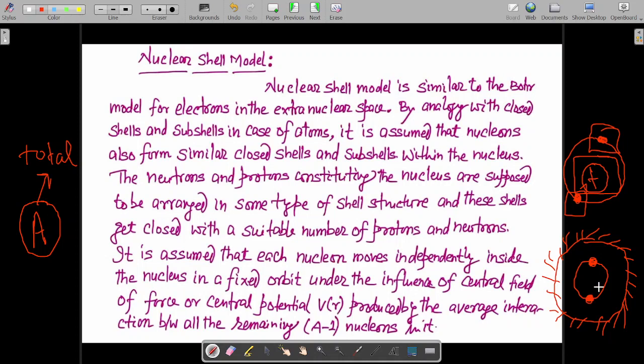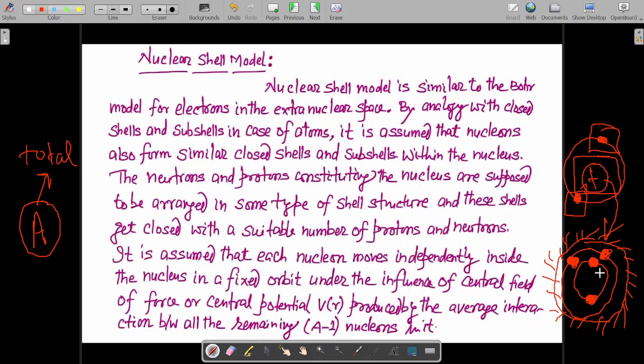These two protons and two neutrons are also revolving inside the nucleus. I have magnified this part; these two are neutrons and these two are protons.